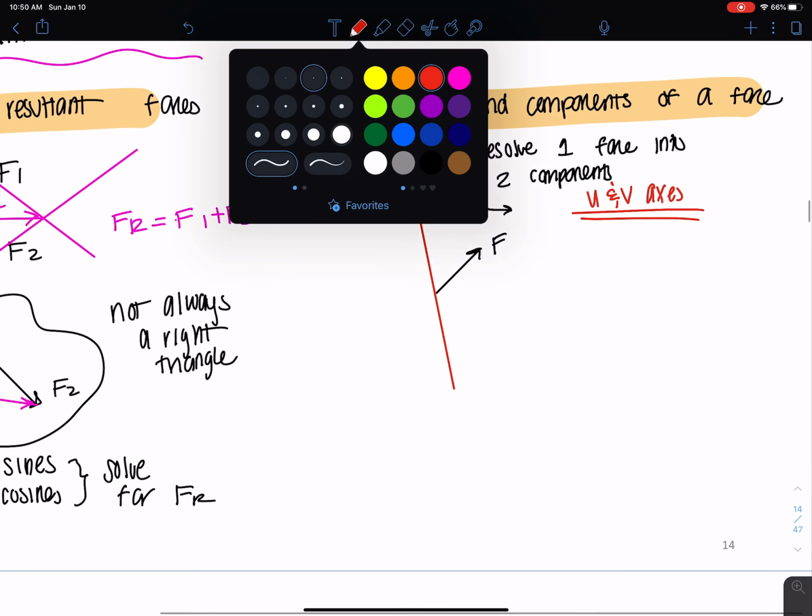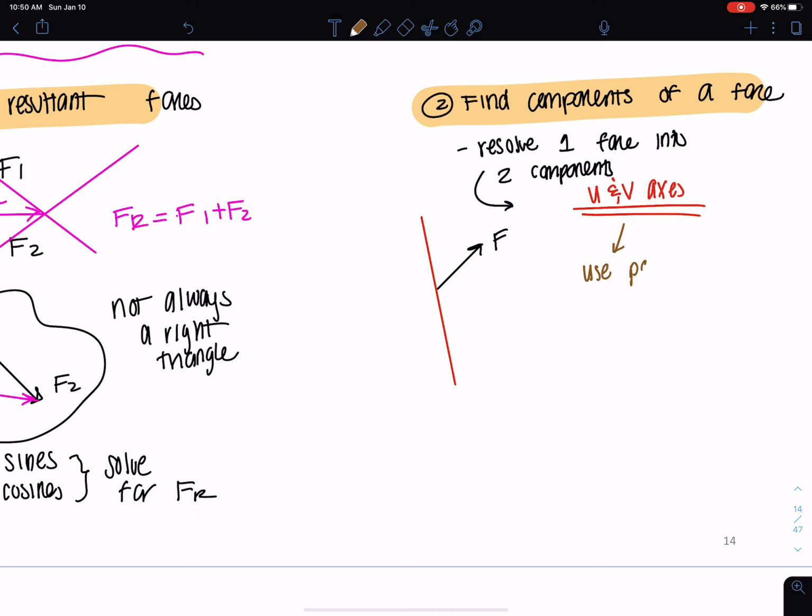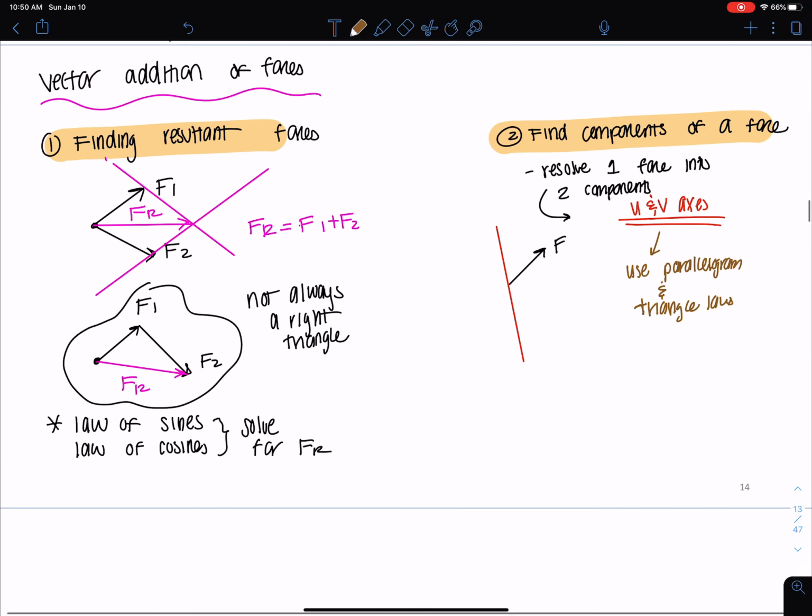And to do so, I would use, again, the parallelogram and triangle laws. So I'm going to show you this example, resolving a force into components along 2 different axes.